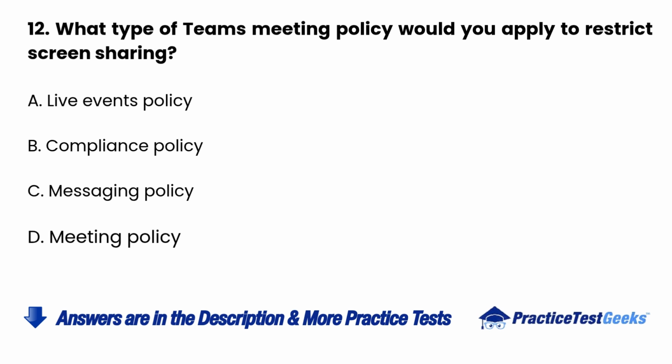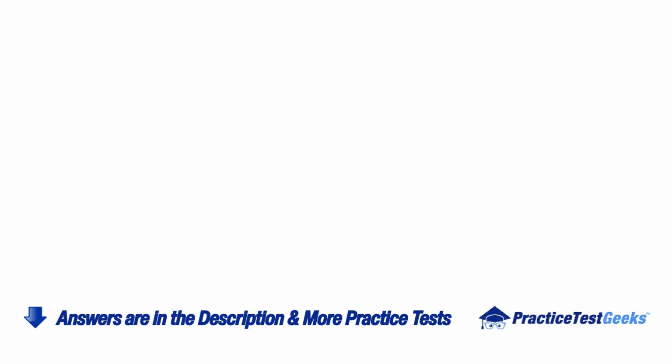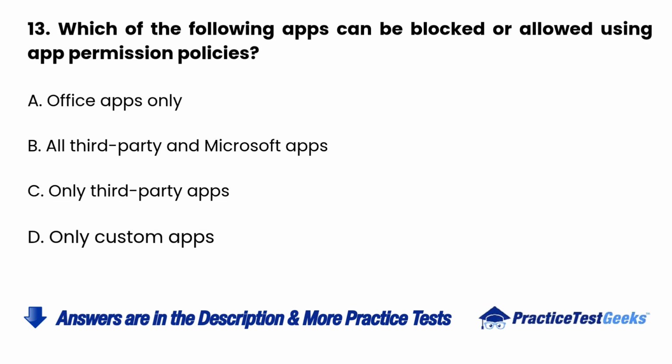12. What type of Teams meeting policy would you apply to restrict screen sharing? A. Live events policy. B. Compliance policy. C. Messaging policy. D. Meeting policy. 13. Which of the following apps can be blocked or allowed using app permission policies?